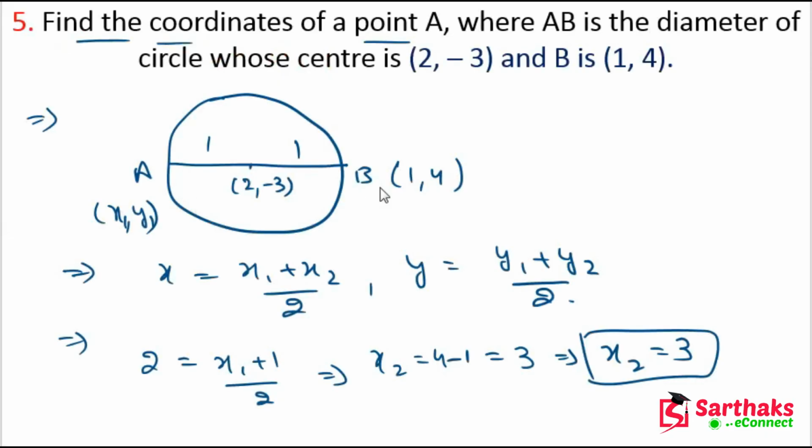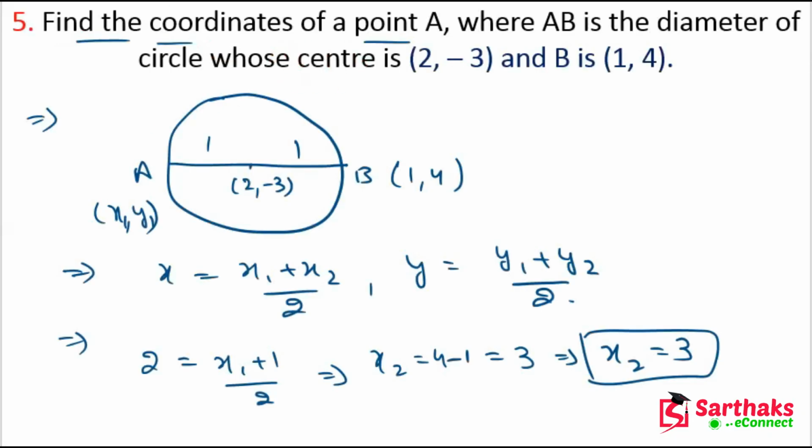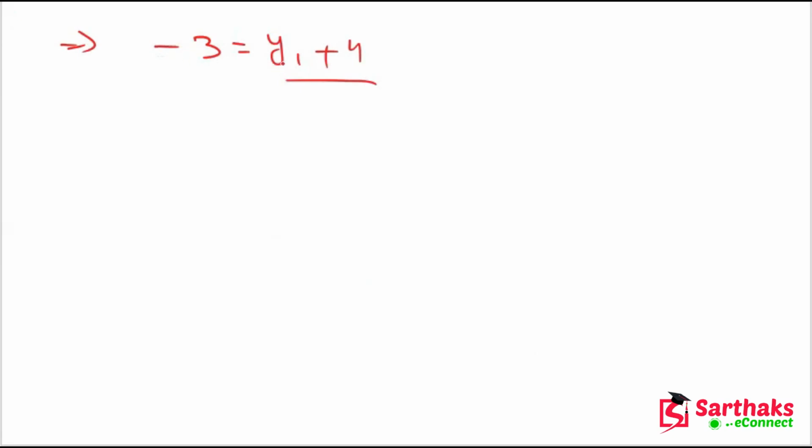And if we want the value of y, we have y is -3, which equals (y1 plus y2) divided by 2, where we don't know y1 and the value of y2 is 4. So we can put y2 as 4 divided by 2.